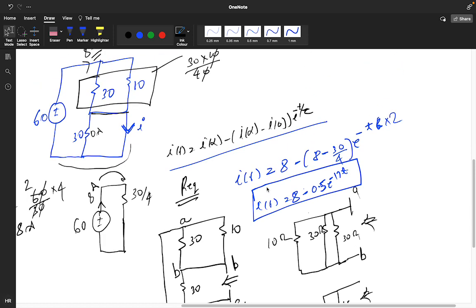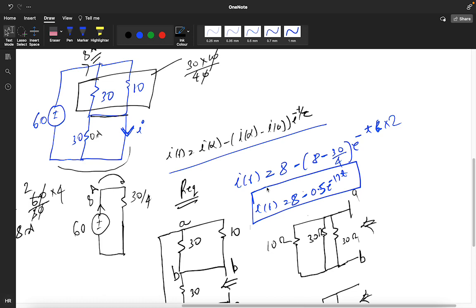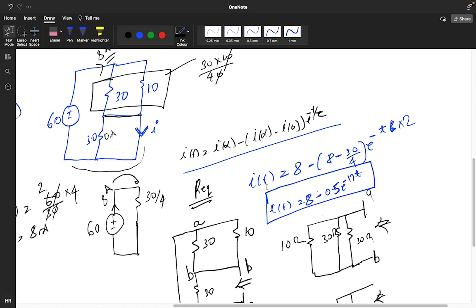What I want to say to you, I value, I value will get, okay, just wait for a minute. Six, sir. 6 will come, no? Right? Yes, sir. I value.